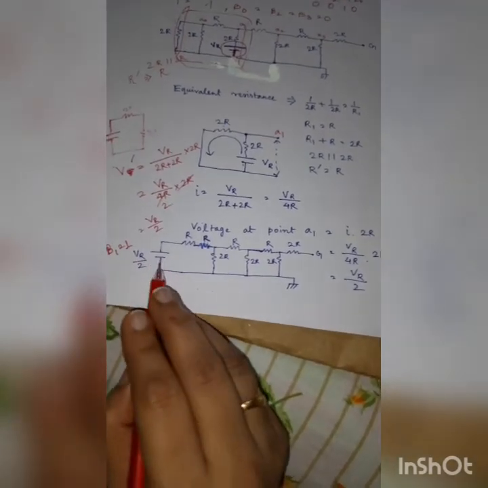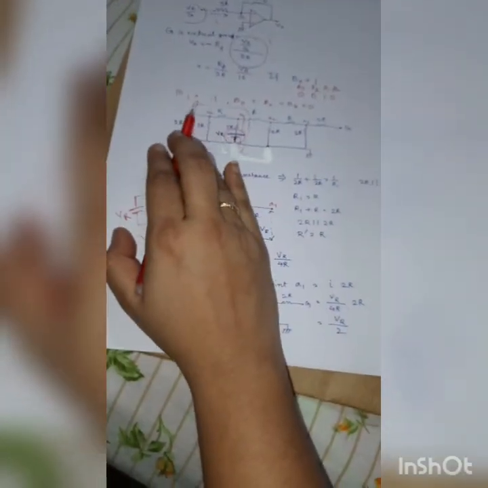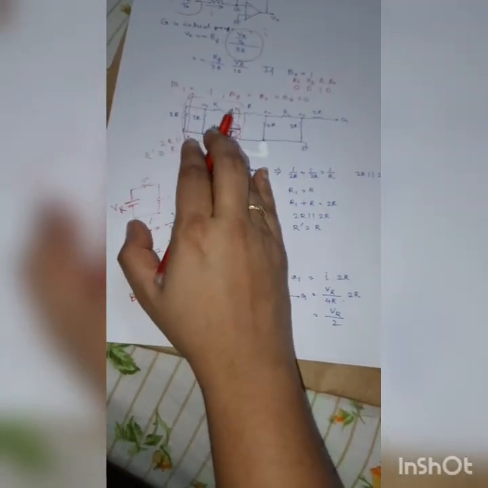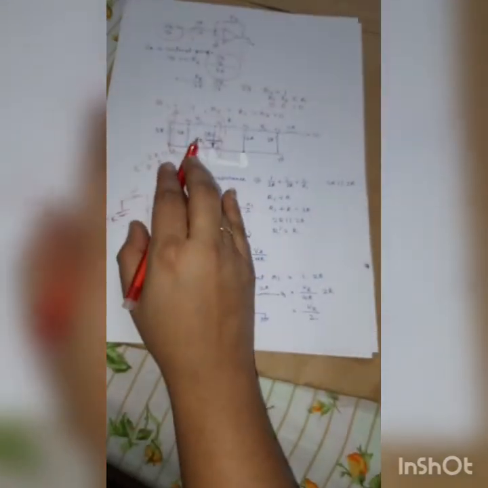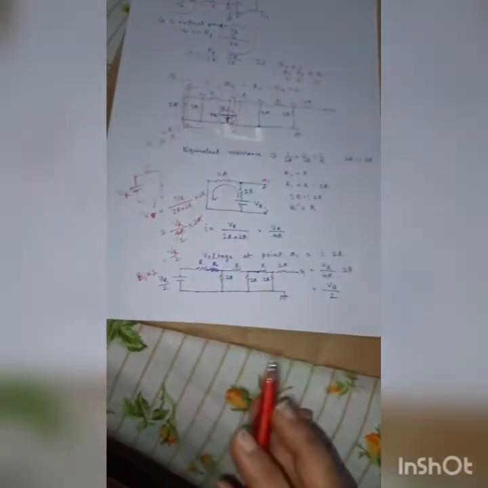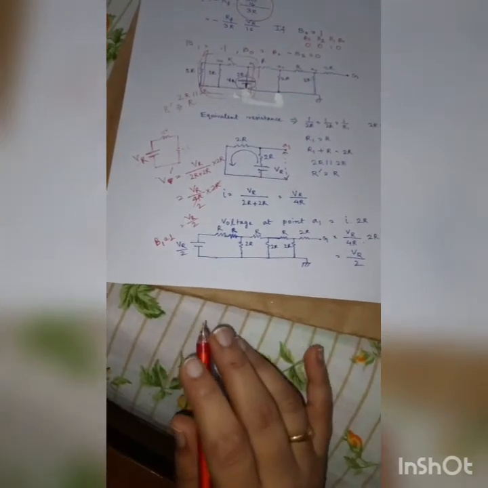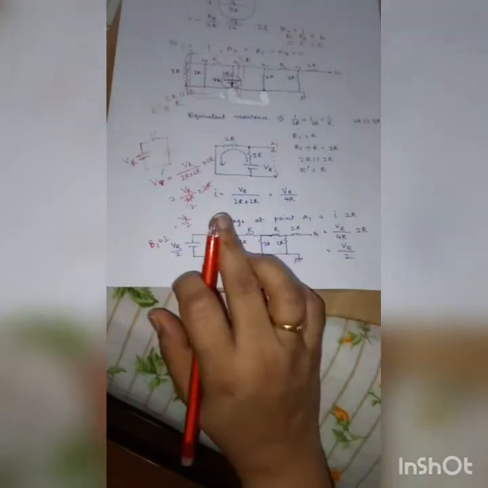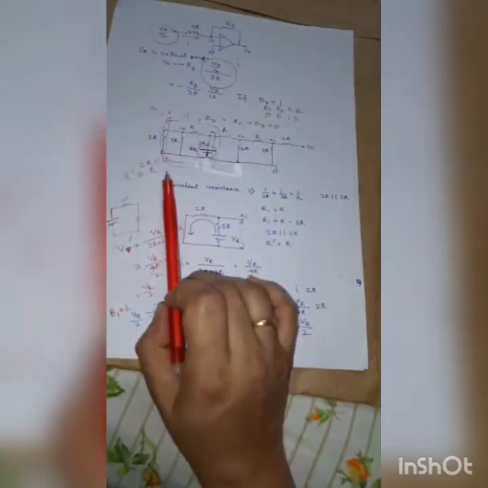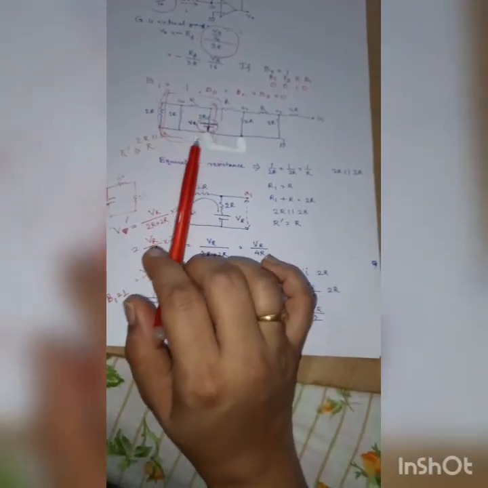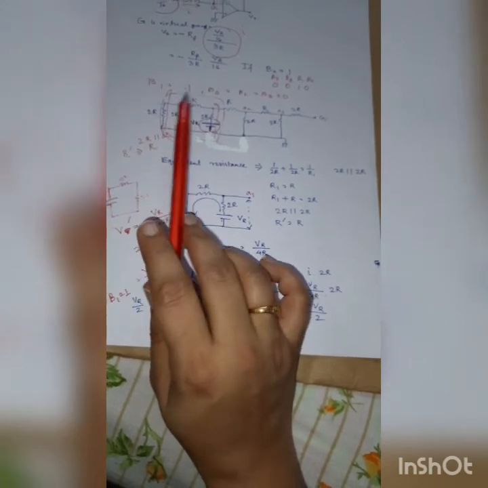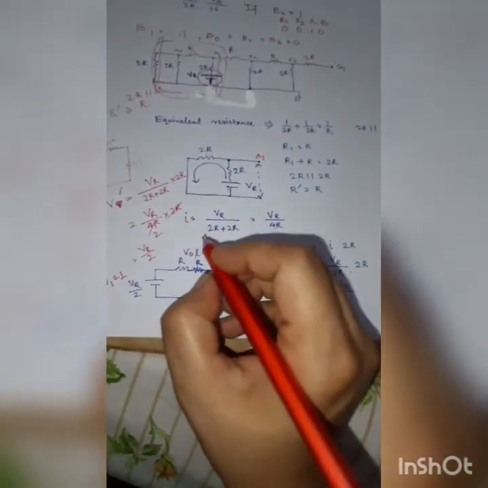The voltage will start from VR by 2 because this part is grounded. So this B0 is grounded. For that, VR by 2, and the equivalent resistance for this overall circuit will be R. So that will be this resistance.